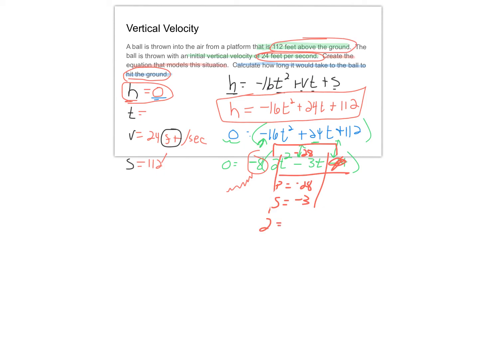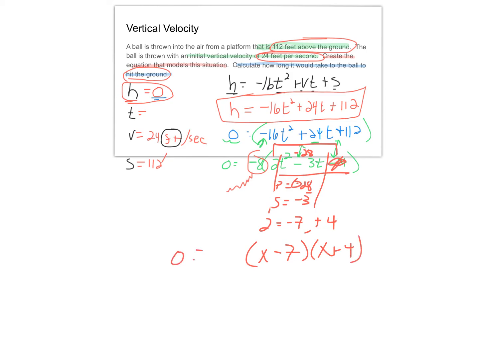Two numbers that multiply to negative 28 but add to negative 3 are negative 7 and positive 4. So we have t minus 7 over 2, t plus 4 over 2.